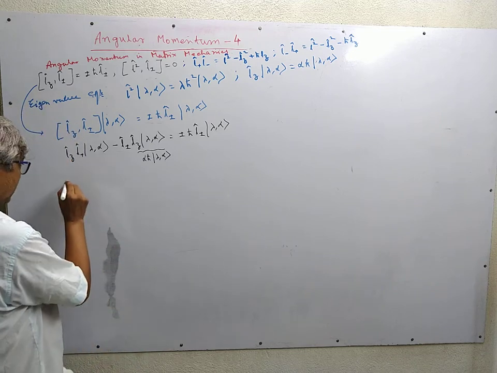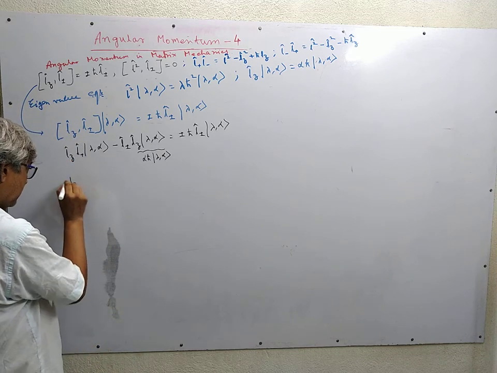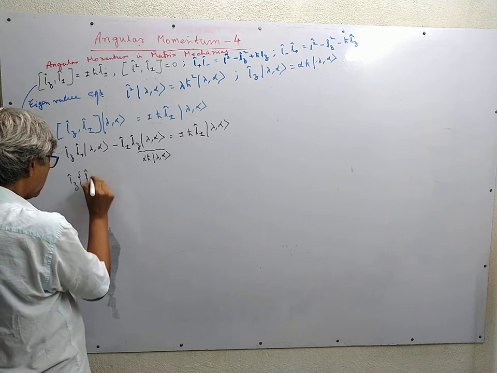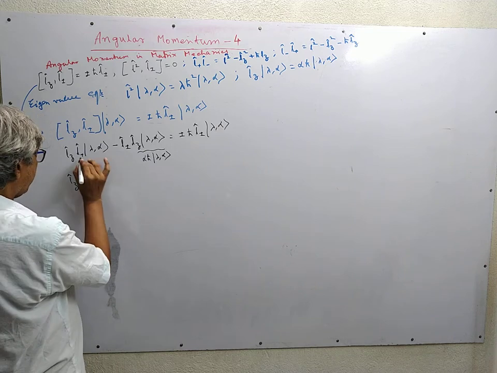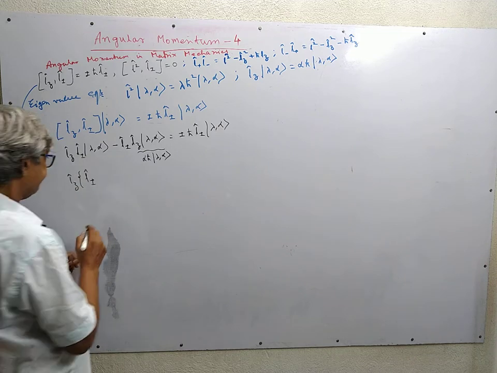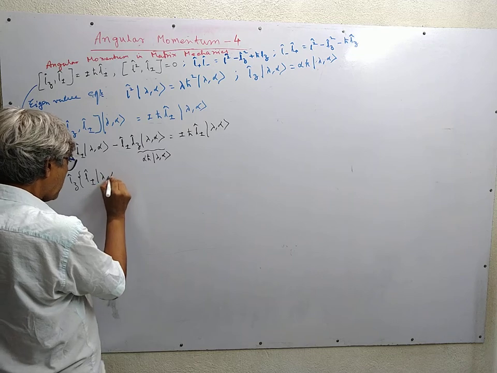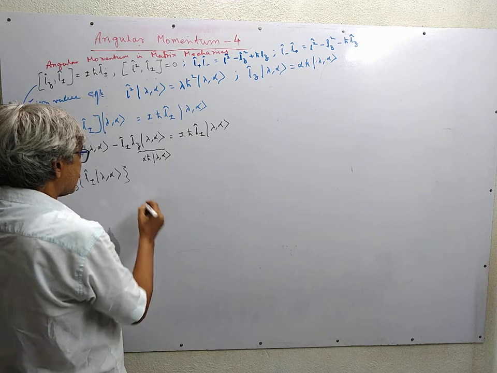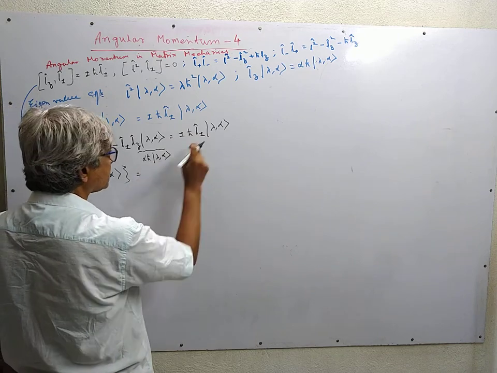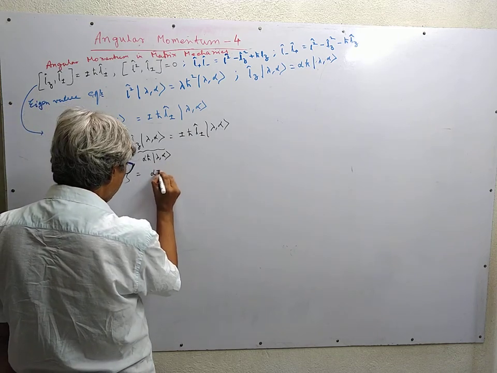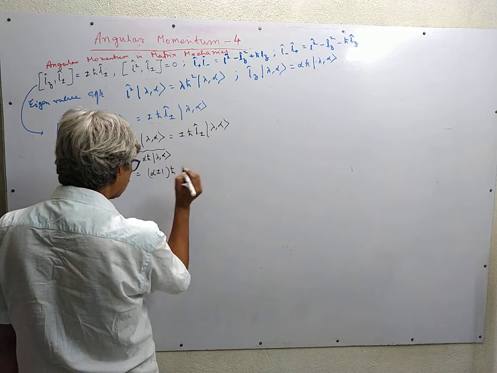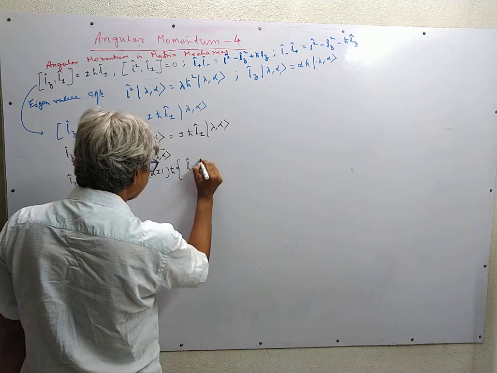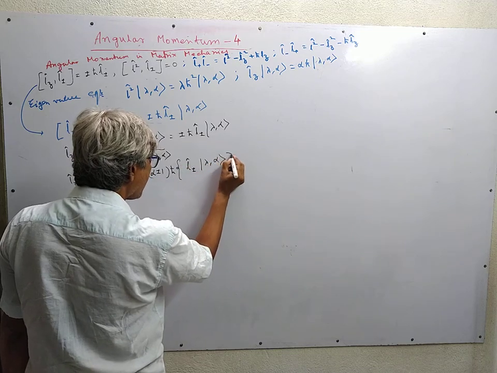So we write Lz operating on L plus minus lambda alpha. We take this on the other side, so it is alpha H cross plus minus this, so alpha plus minus 1 H cross, operating on L plus minus on lambda alpha.